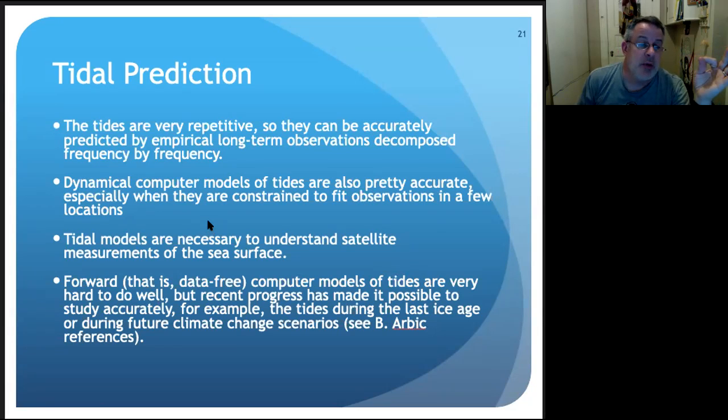You can do quite well with that. But dynamical computer models are pretty accurate. They're becoming really accurate, becoming better actually than the purely empirical fit. The advantage of dynamical computer models is you can put together the tides with changes in the currents, changes in the winds, changes in storm surge, and get an even better prediction of what's coming.